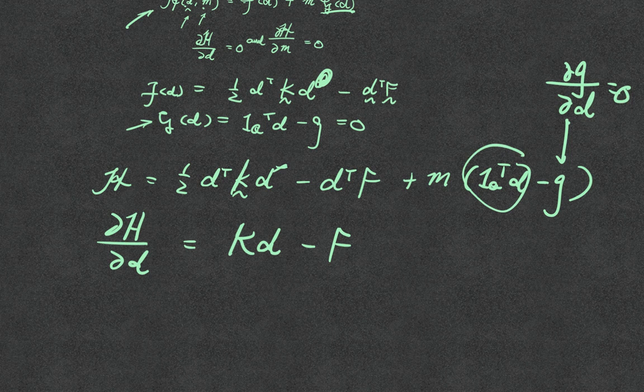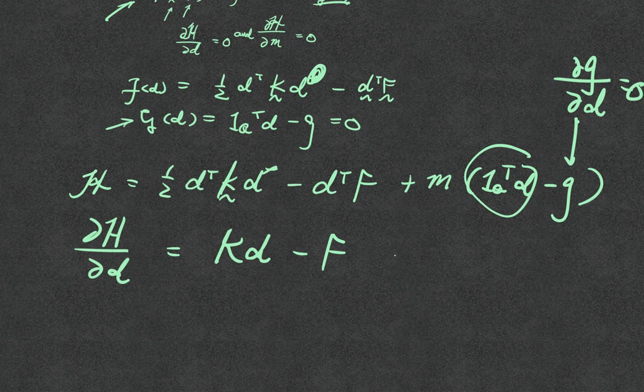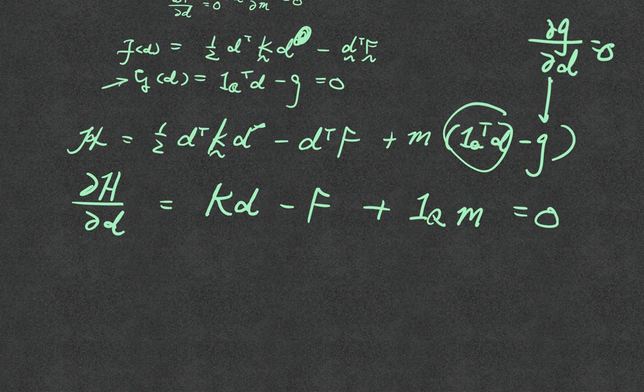And the derivative of D with respect to D is, of course, just the identity. So what we end up with is that extra term, M. Just swap the order because of the transpose term.